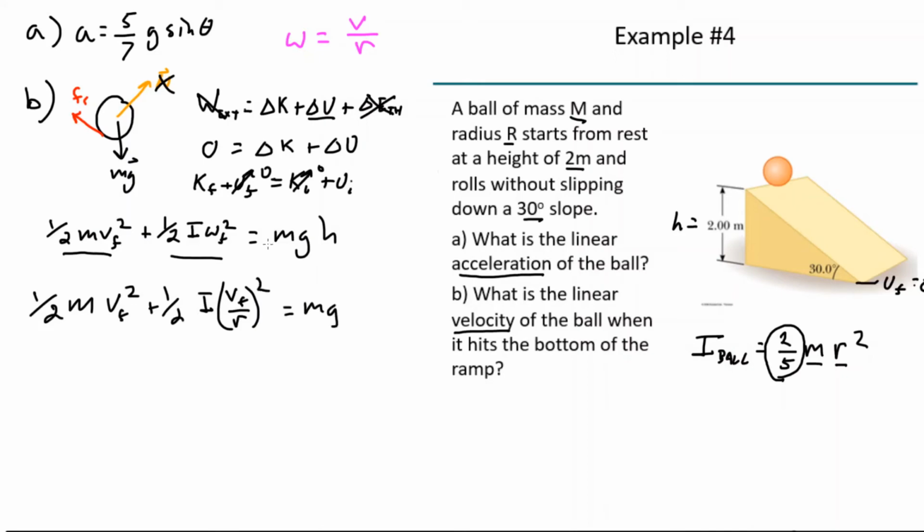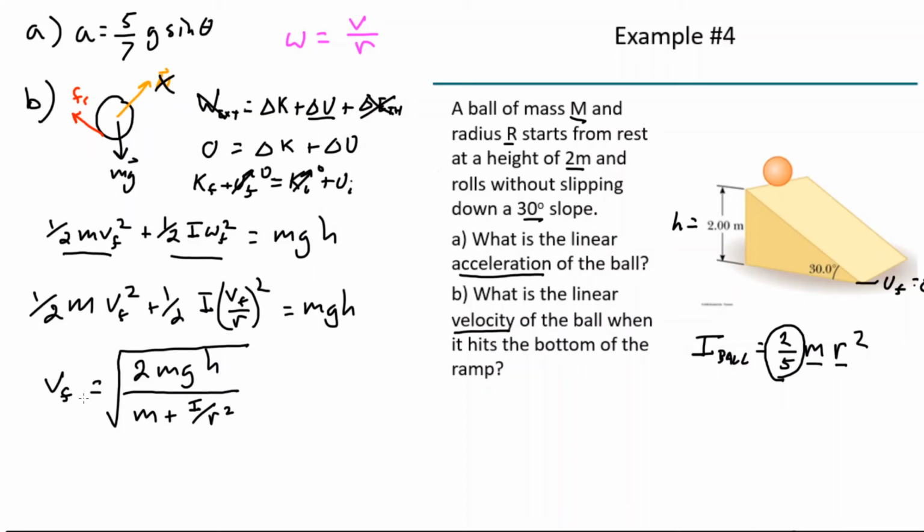I can go ahead and solve this for v final. I get v final is going to equal 2mgh over m plus I over r squared, square rooted. I just factored out a v final squared divided by everything else and then took the square root.